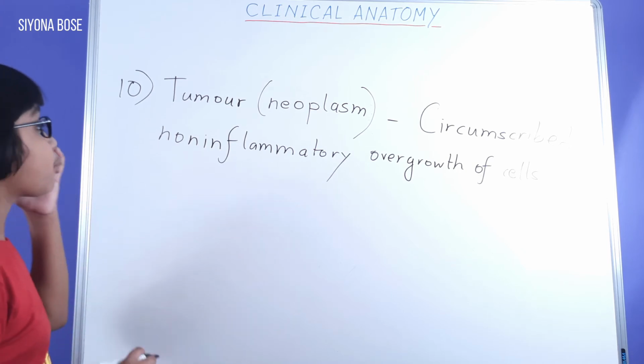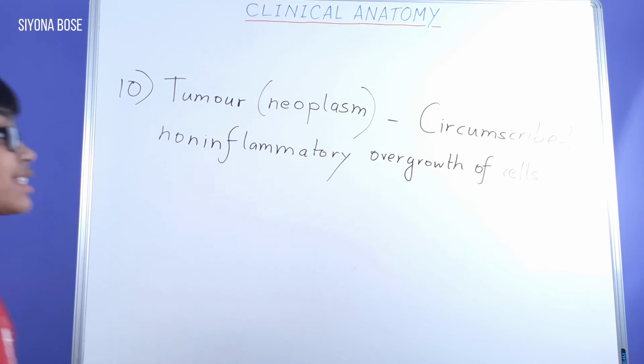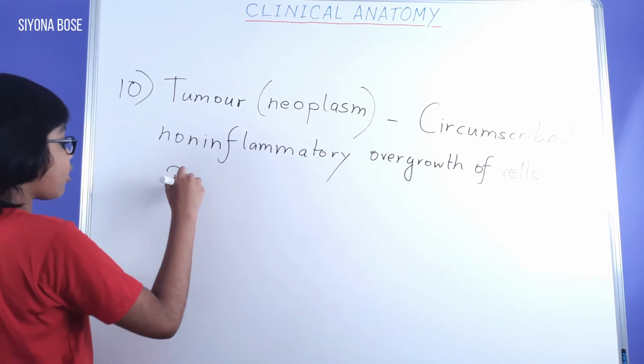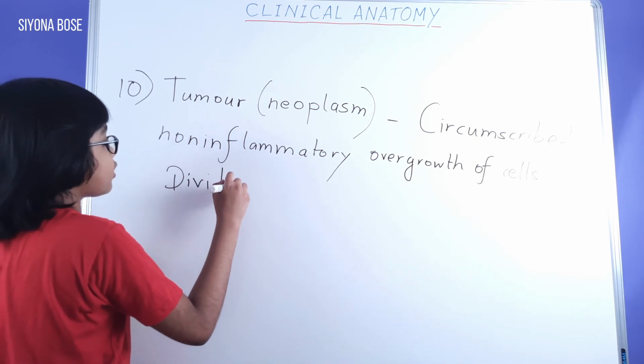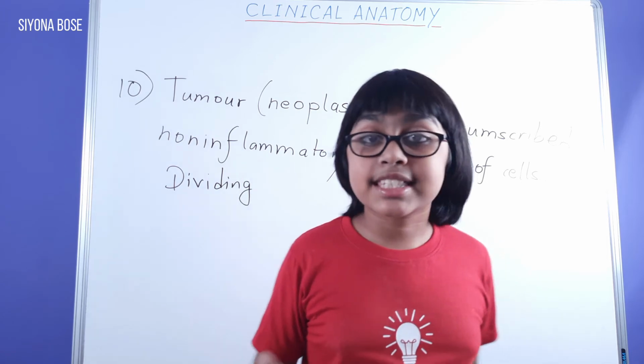That is a tumor. Generally, tumors have overgrowth of cells, that means the cells are dividing uncontrollably, and that is what causes these tumors.